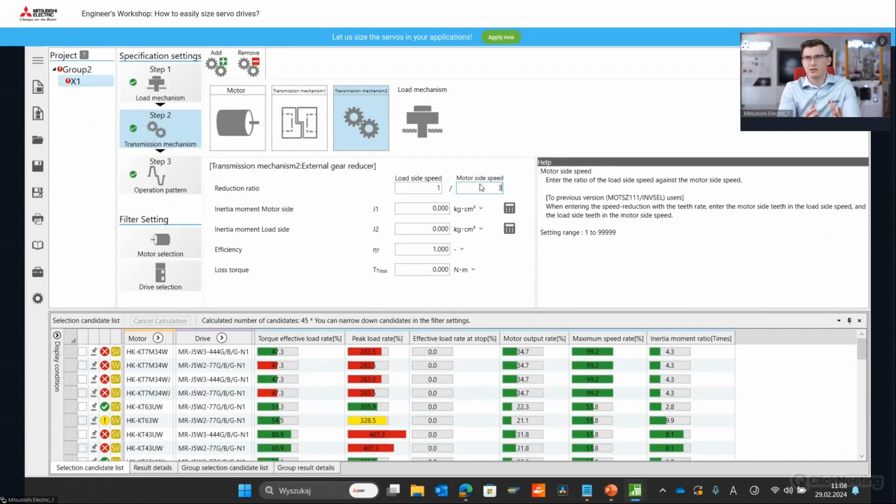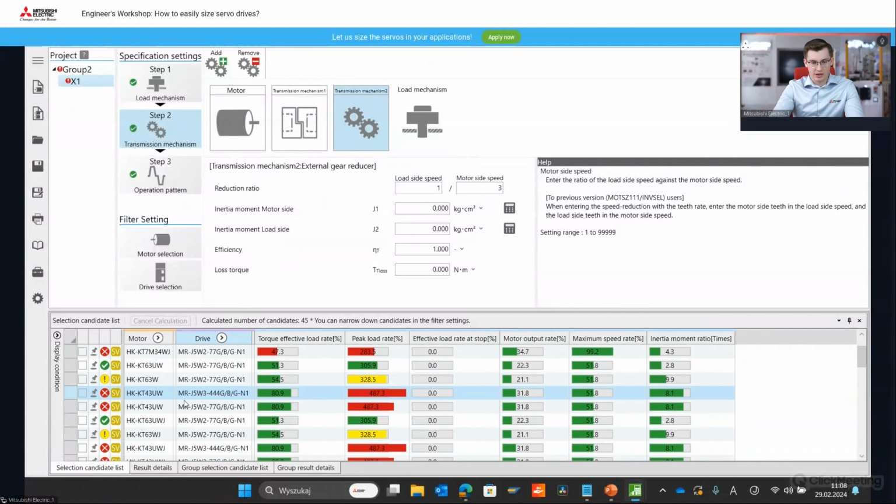Because standard, let's say, standard planetary gearboxes on the market that we are using for the servos are divided by the 3, 5, 7, 10, and so on and so on. This is why I started from 3, because I want to use the planetary gearbox, because it will be the precise system. So with ratio of gearbox 3, I can see that now the drives are smaller.